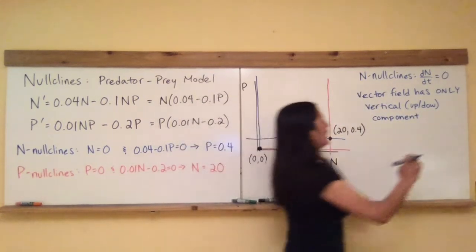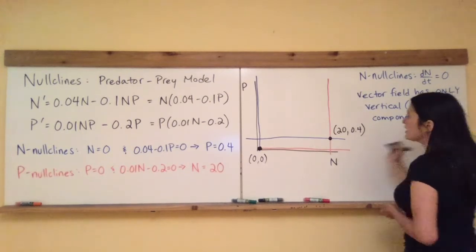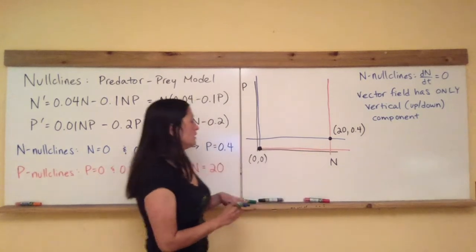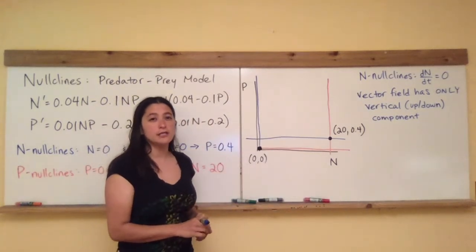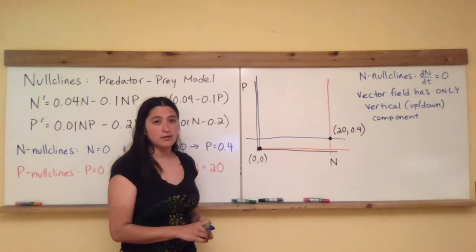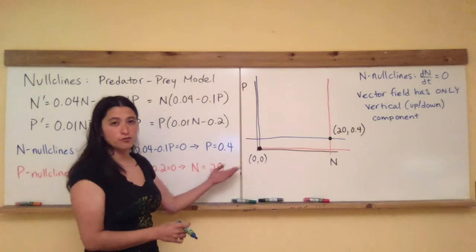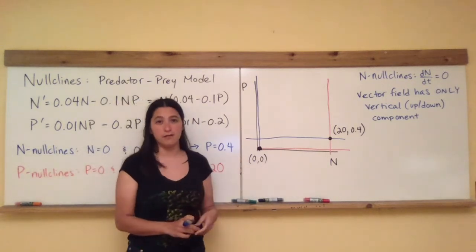So that means that when I try to graph the vector field at a point which is on a nullcline, if it's on a blue nullcline here, it's not going to point left or right at all. It's only going to point up or down. The same is true in the opposite way of the red places. On the red nullclines, there's going to be no up or down behavior. There's only going to be left or right.